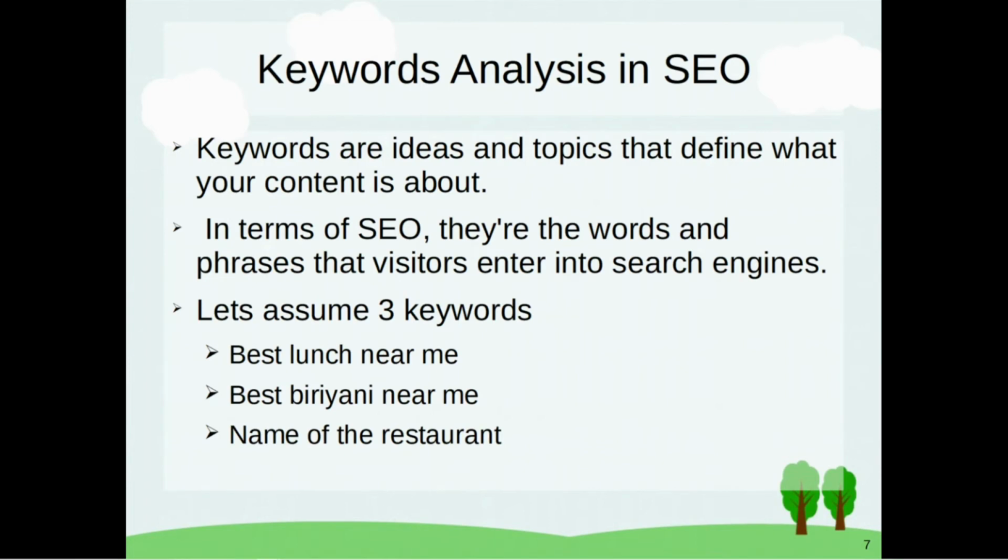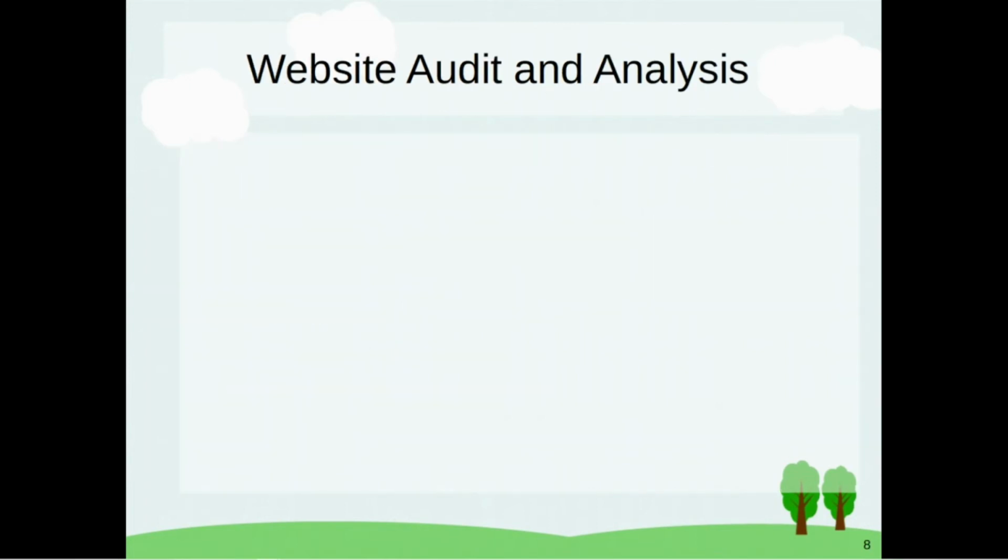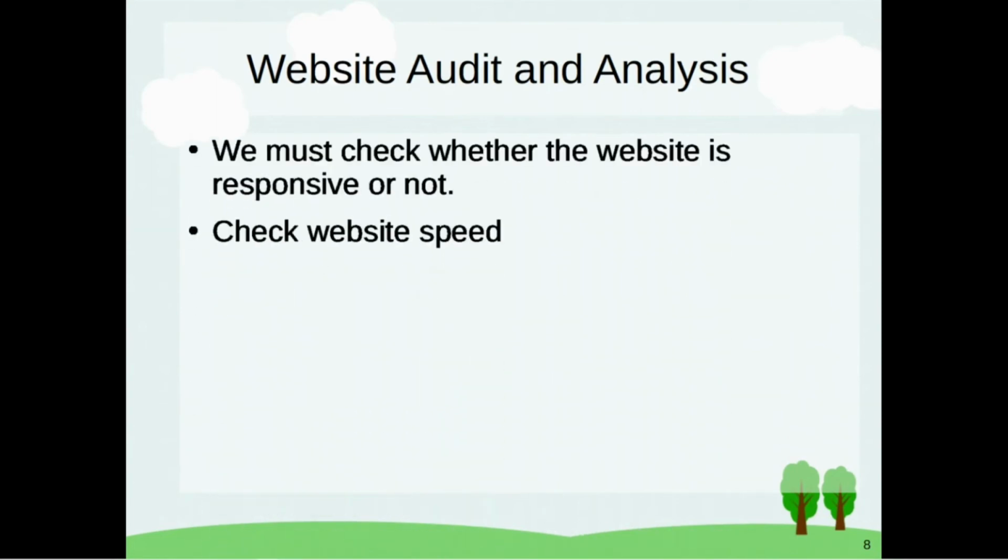Next is website audit and analysis, in which the website must be checked to see whether it is responsive or not. Responsive means it fits tablets, mobiles, and as many devices as possible. The more responsive the website is, the better the SEO will be.